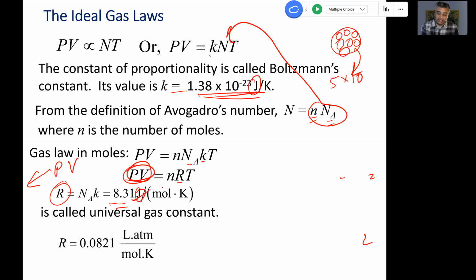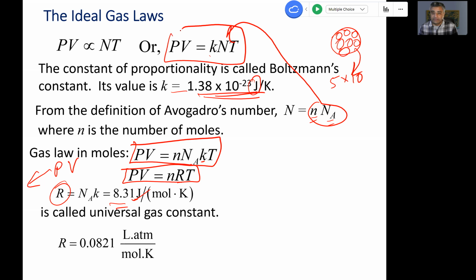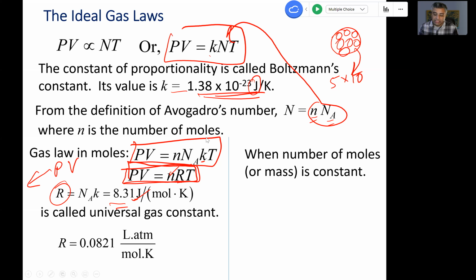So that's where this is coming from. Anyway, you can write this gas law in different forms depending on your need and what is given. This is the most standard one, where N is the number of moles and R is the universal gas constant that comes from the product of NA and k.